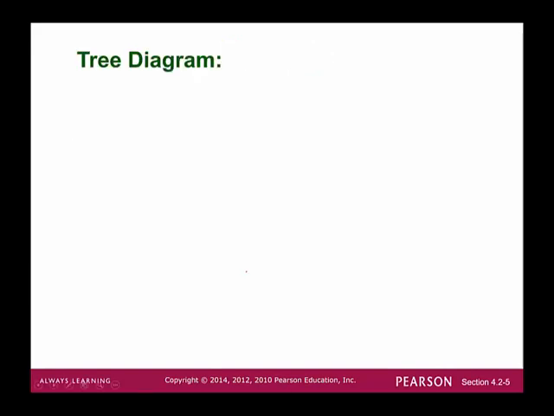And on the next slide, I'm going to show you how to construct all the possible outcomes for the 3 births. We use a particular method called a tree diagram.